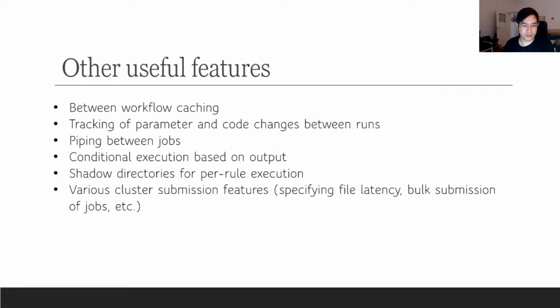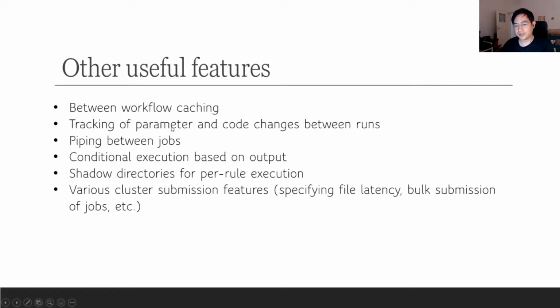Some other useful features that I'm not going to get into are workflow caching. So if you have two different versions of a run that use similar or the same intermediate files, you can cache them between workflows. You can have so-called provenance between the workflows.